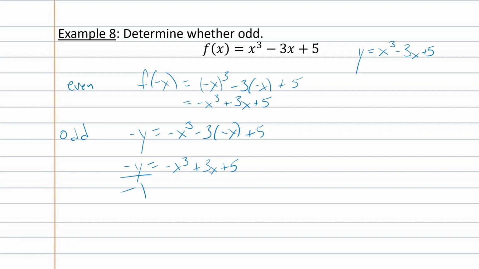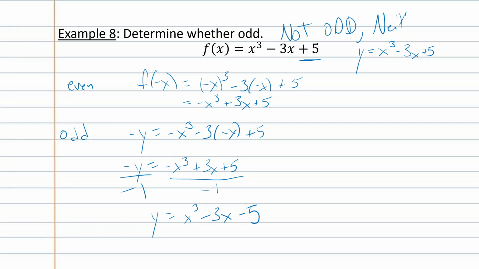If you divide by the negative 1 trying to force it back to the original state, you're going to get the positive x to the third. You're going to get the minus 3x. But the problem you're going to have here is you're going to wind up with a minus 5 and not a plus 5 like what you need. So is it odd? It's not odd. It's really neither because it's not even either. So you could write that it's neither even nor odd.